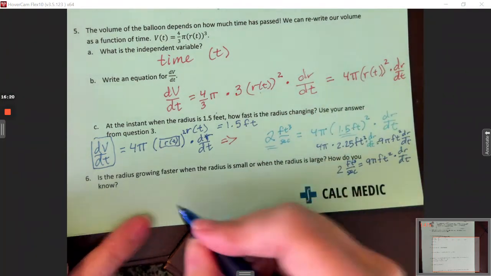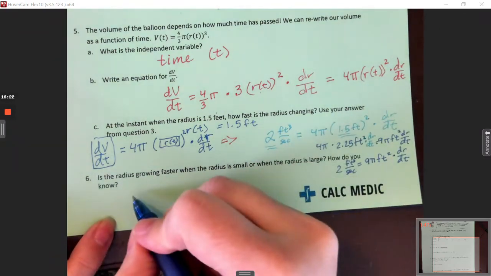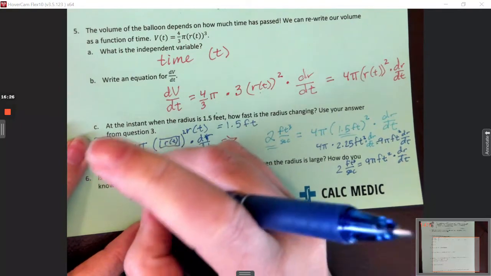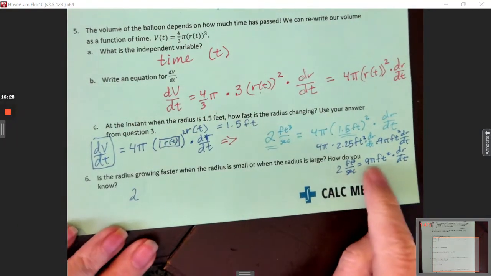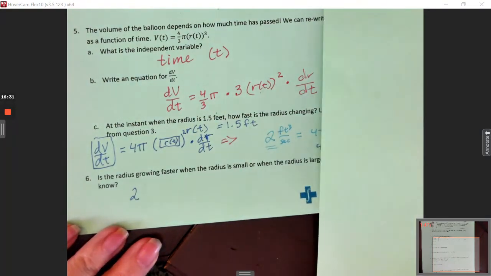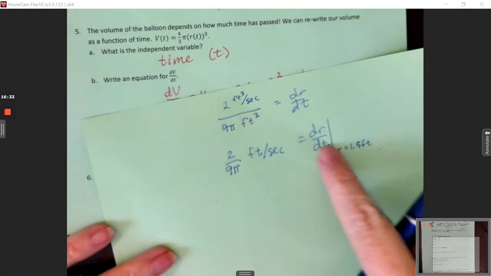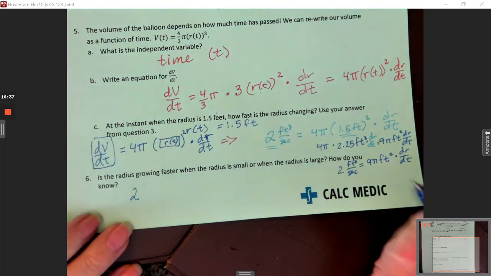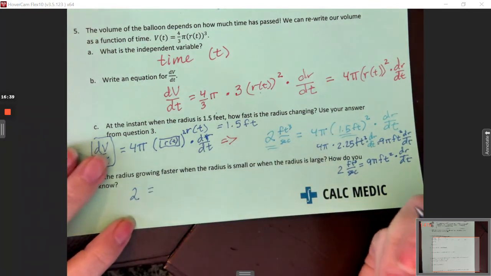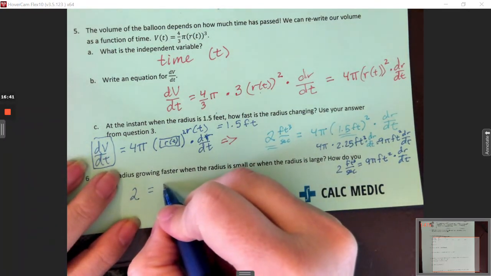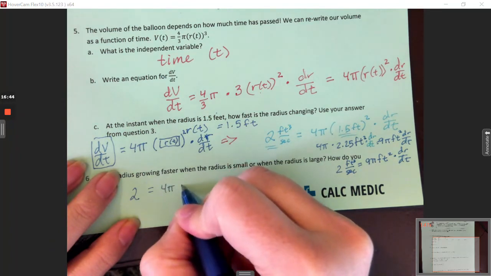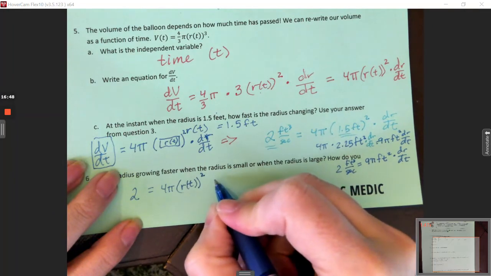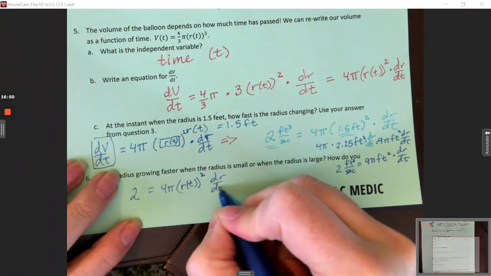To do that, I'm going to go back here. I've got 2, and I'm just going to ignore units for a minute, but the units of the radius rate will be feet per second. So I'm going to write 2 equals 4 pi r of t squared dr/dt.